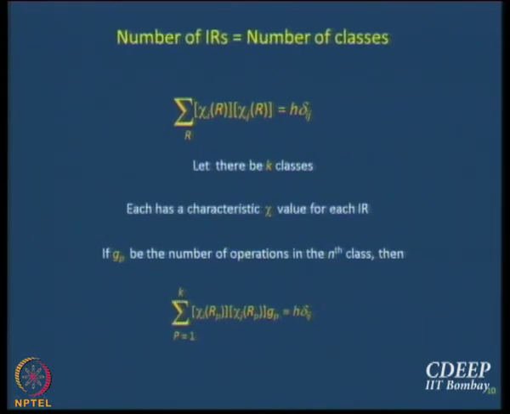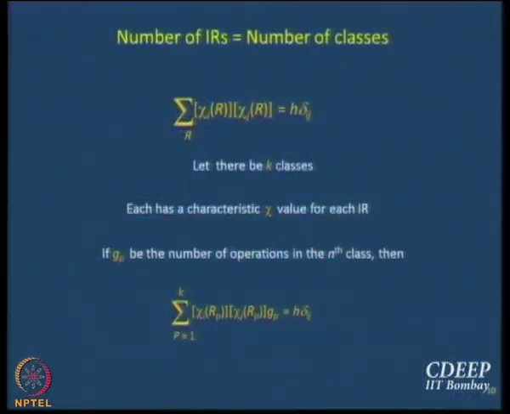IR here does not mean inferior or any other thing, irreducible representation. Total number of irreducible representations is the number of classes. Once again, we are going to discuss it in little more detail when we come back. This also arises out of the condition that has to be satisfied by a set of orthonormal vectors, right? But the answer that we need to work with is number of IRs is number of classes.